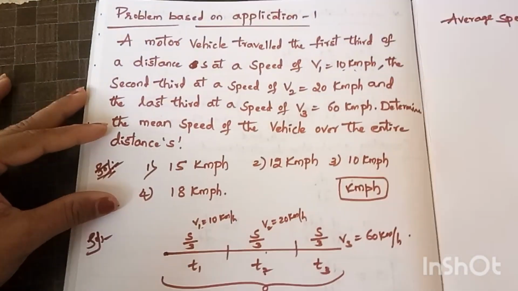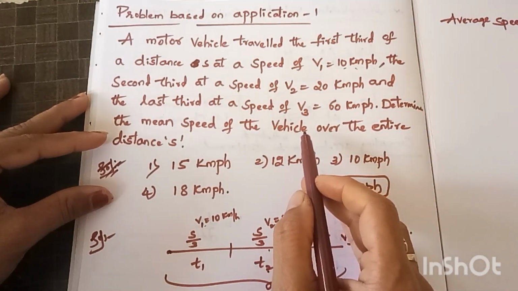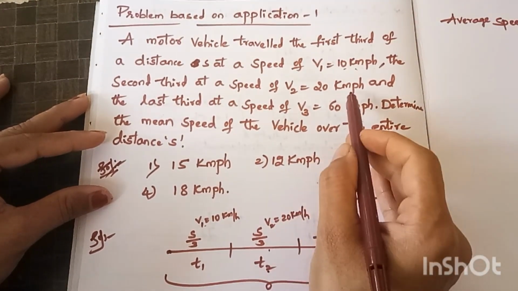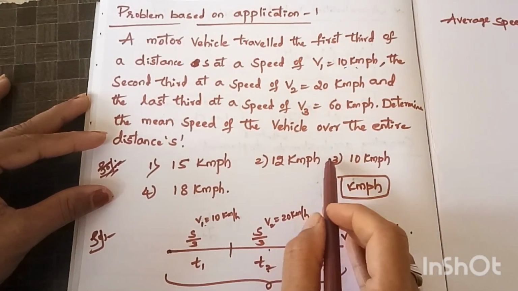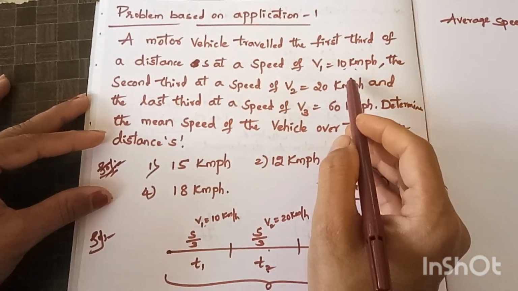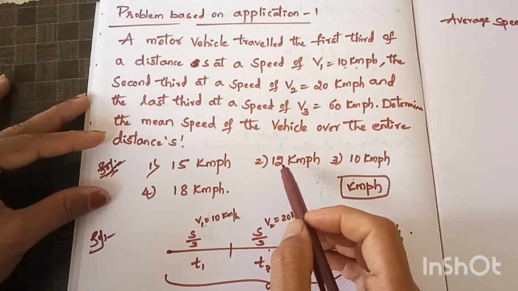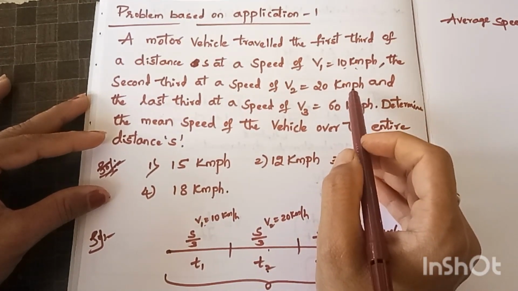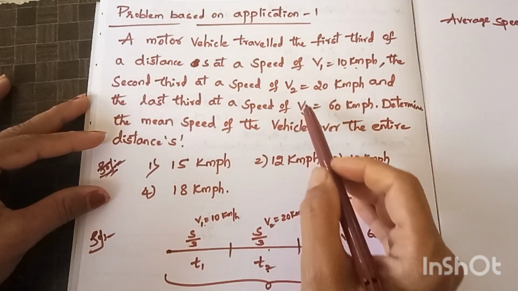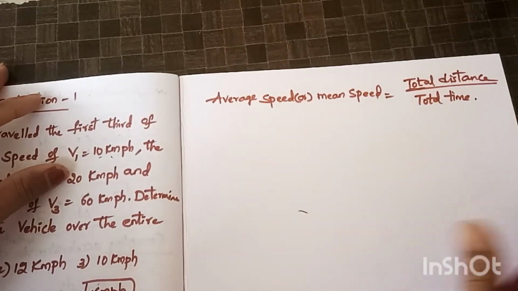I said that when you are solving a problem, you should observe the units given in the question and the units given in the options. Here they are the same, so you need not convert the units. In application 1, the terms given were v1, v2 and v3, so you should convert total distance by total time in terms of v1, v2 and v3.